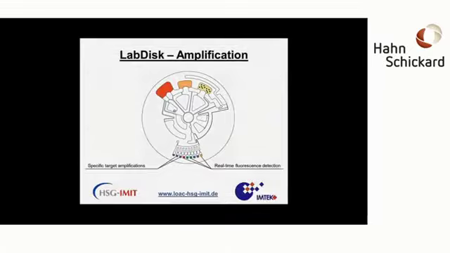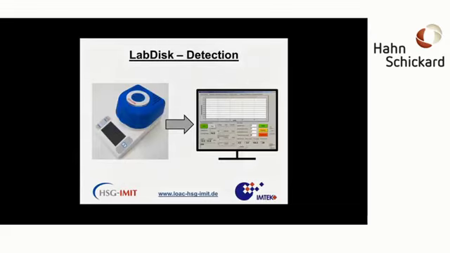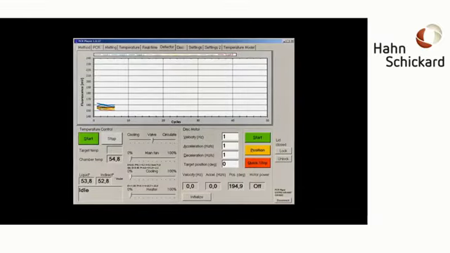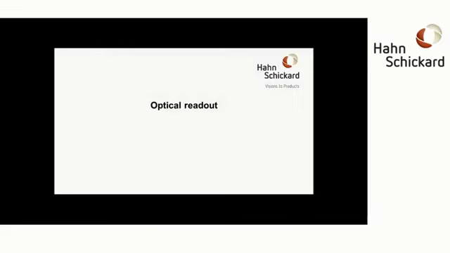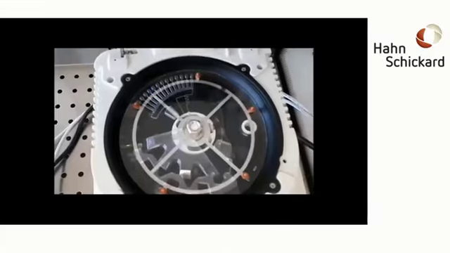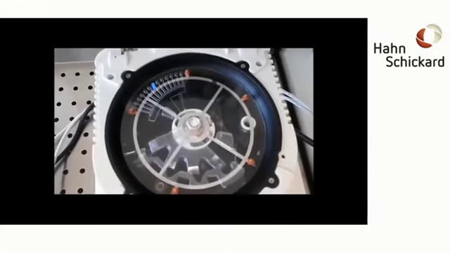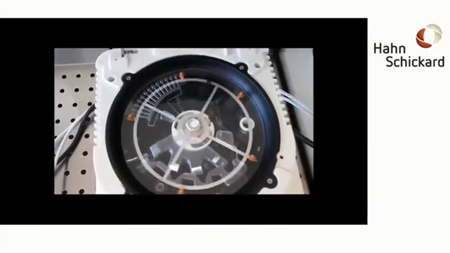After that, you get a very nice and very standard qPCR amplification curve, which is the fluorescence versus cycle number. And at the end, you have a simple output, which is only the CT values. And this is how the fluorescence is detected in the platform.